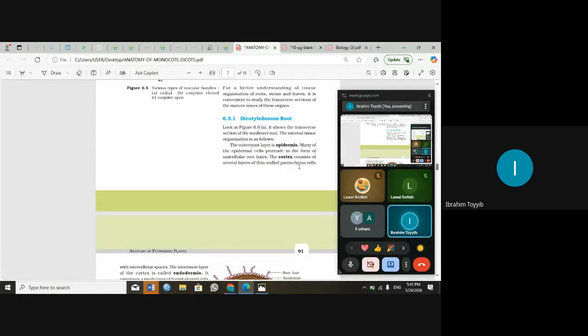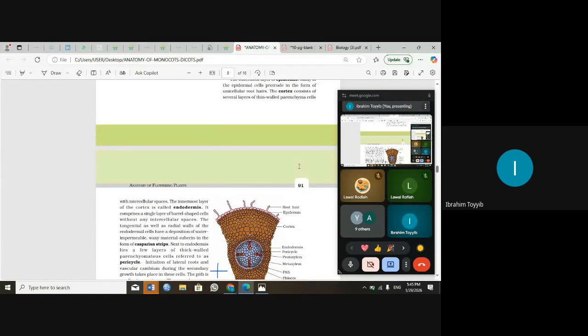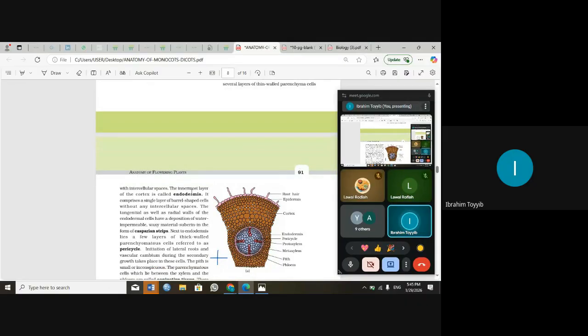Who can tell me the function of parenchymal cells? Photosynthesis, storage and secretion, right? So yes. Now the innermost layer of the cortex is called what? Endodermis. And where is the endodermis? This is the endodermis.